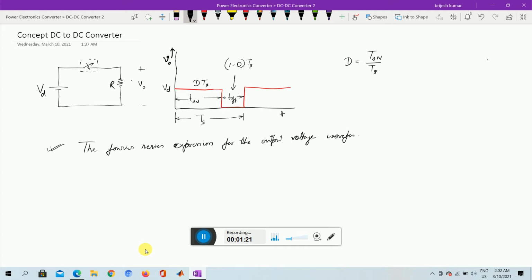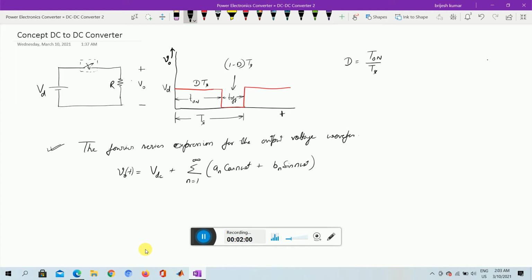So let us obtain the Fourier series expression for the output voltage waveform, and see what the average voltage is and what the other components are, because we know that we can write V0(t) is equal to VDC plus summation of n is equal to 1 to infinity an cos n omega t plus bn sin n omega t.